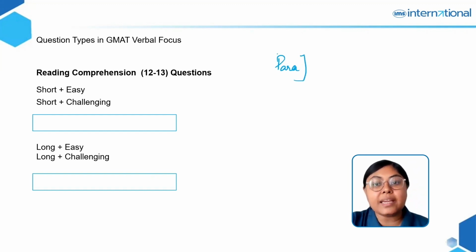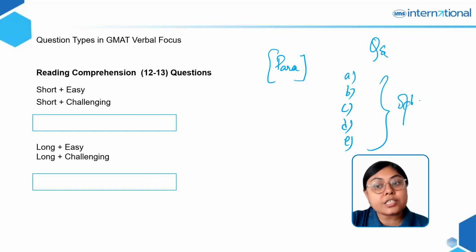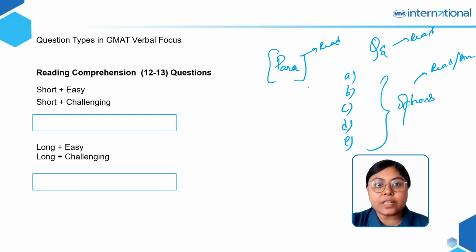So I need to divide my time between reading the para, the question statement, and a set of 5 options. The reading and analysis of the question and these options cannot take uniform time. So there needs to be a strategic way of looking at time management here.